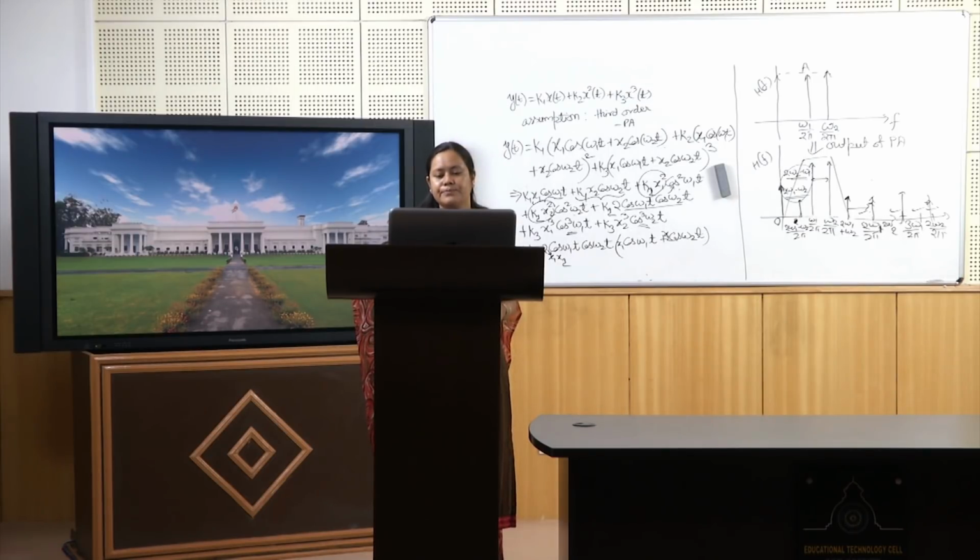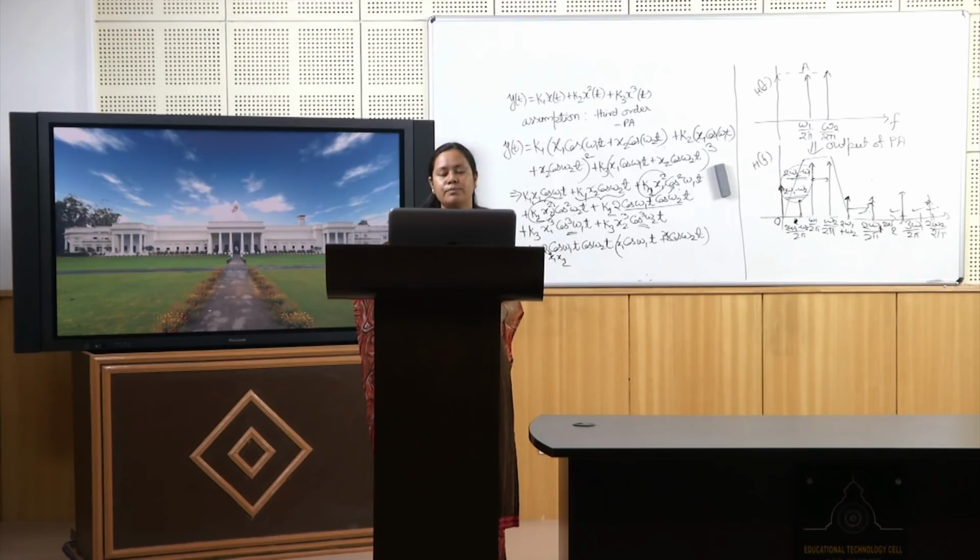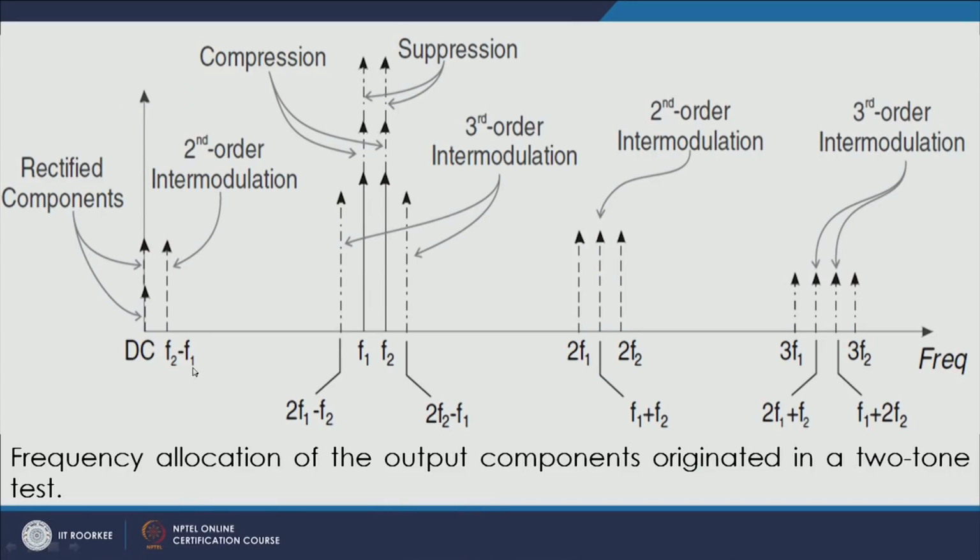So, basically F1 plus F2 terms, 2 times F1 terms and 2 times F2 terms are called second order intermodulation. The terms which are a summation of 2 times F1 and F2 are again third order intermodulation. The third harmonic is also part of this. The DC and F2 minus F1 terms will be very near at the end.